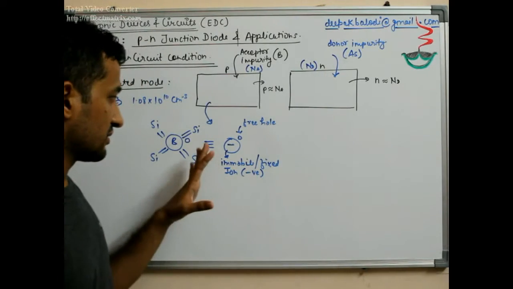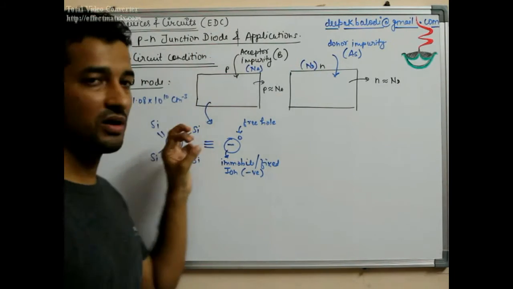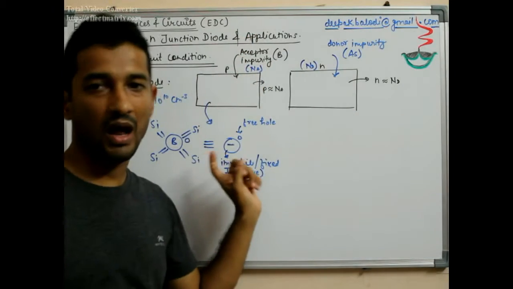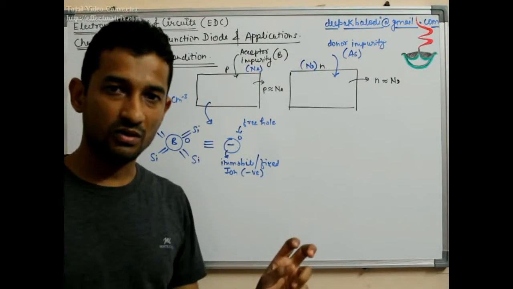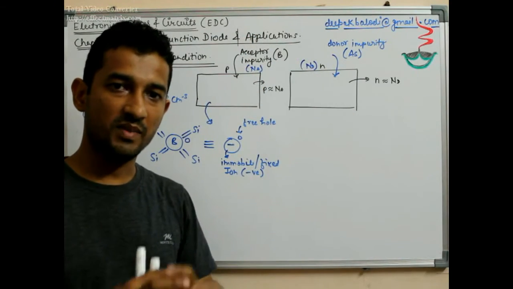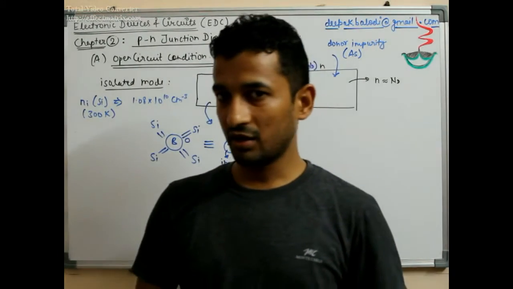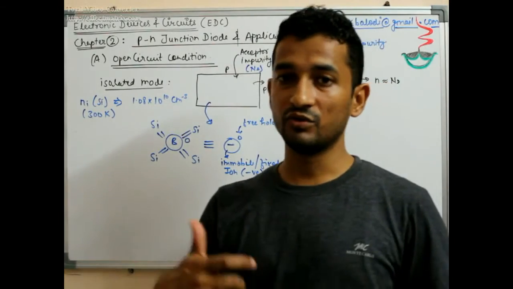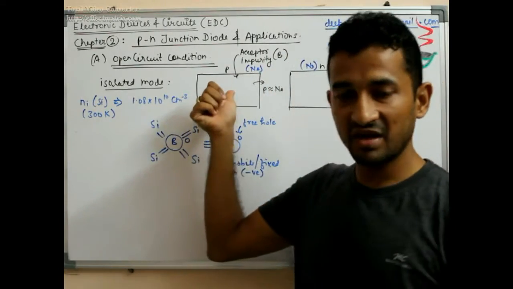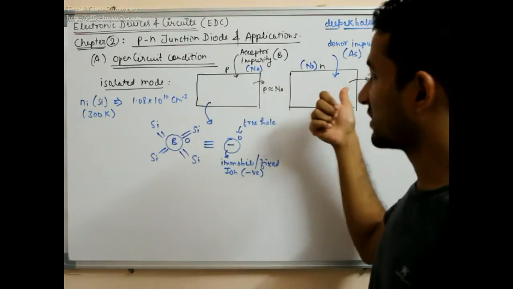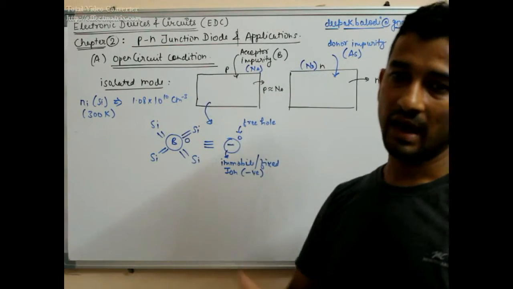Please understand that any intruder or any guest atom, any impurity atom was originally neutral, but as soon as it enters, it tries to make a covalent bond to the surrounding silicon atoms, and in order to do so, either it contributes a hole in the case of p-type doping, or it contributes an electron in the case of n-type doping.